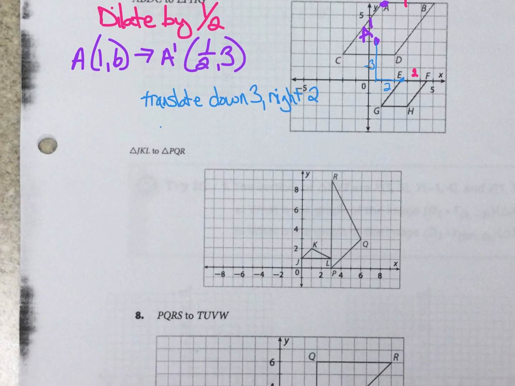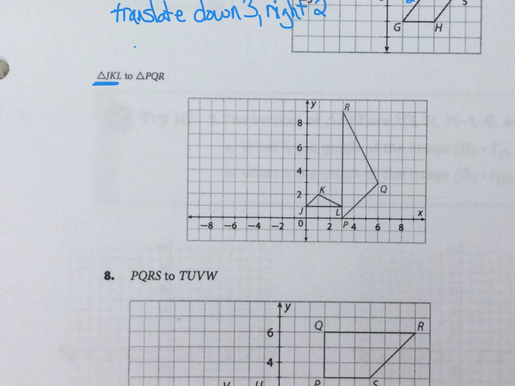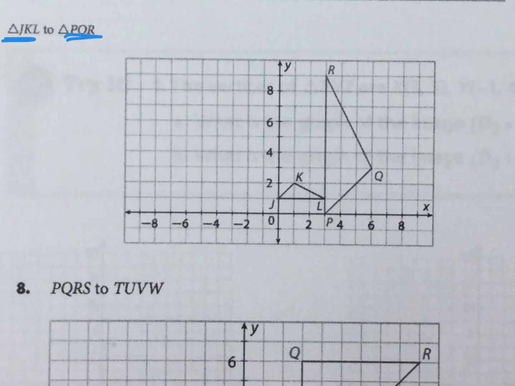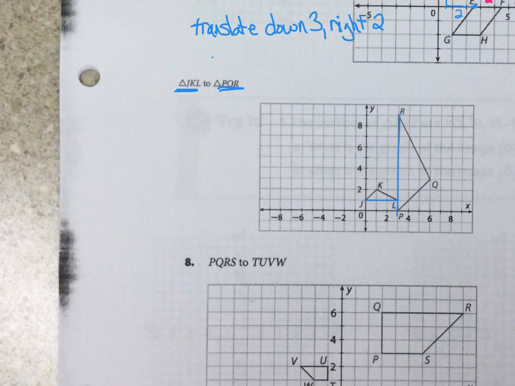So let's look at this one. I'm starting with the small one this time and moving to the big one. So if I see I got 1, 2, 3, and 1, 2, 3, 4, 5, 6, 7, 8, 9. So I'm going to dilate by 3, okay?